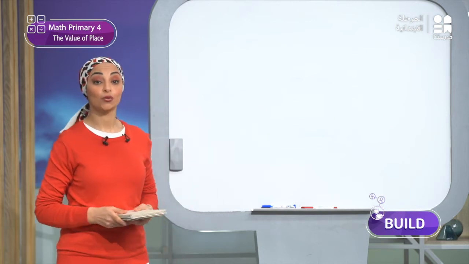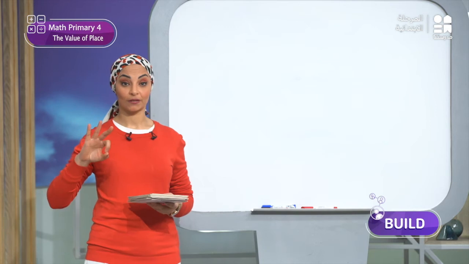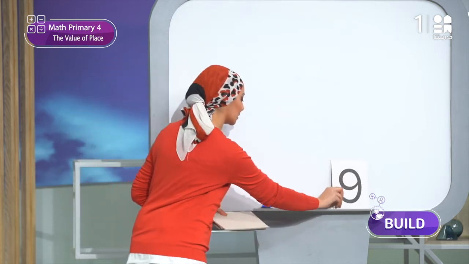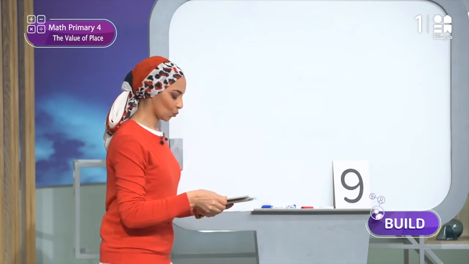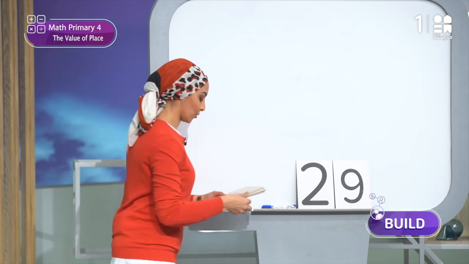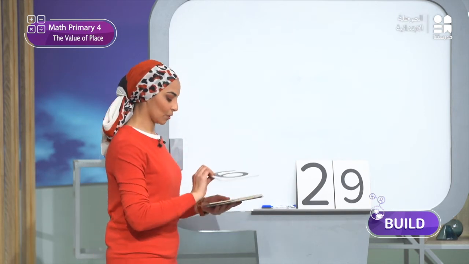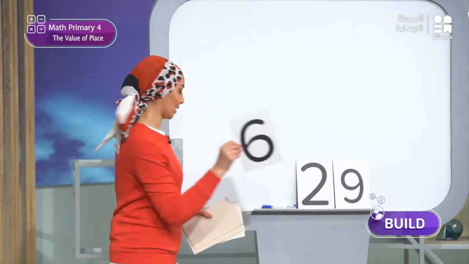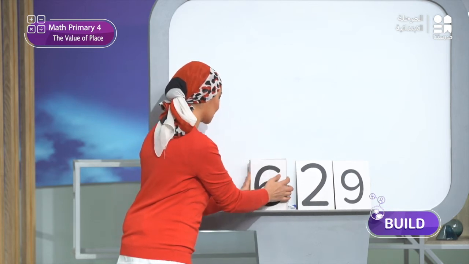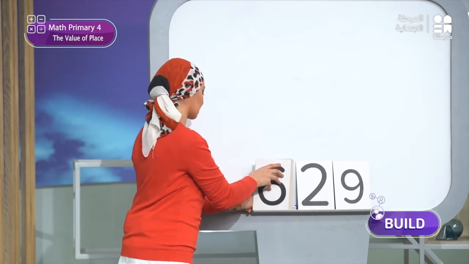And then I will choose 3 cards randomly. So the first card is 9, I'll put it here. The second one, like you see here, 2. I'll put it here. The third one, I will choose 6. So here I have the 3 cards, like you see here, 6, 2, and 9.